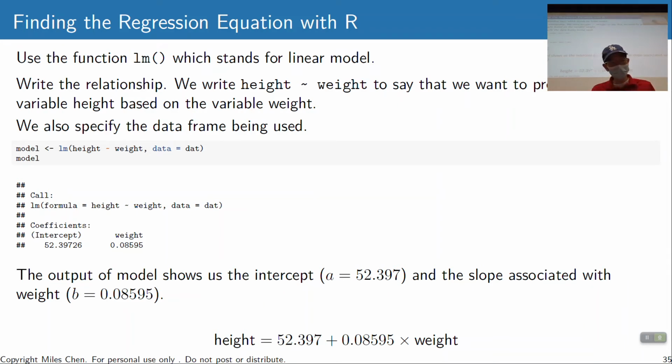In R, you create a model with lm, which stands for linear model, and you write height tilde weight. You're saying predict height based on weight. You specify your data frame, the table in which this data is stored, and it comes back and says your intercept is 52.397 and your weight coefficient is 0.08595.